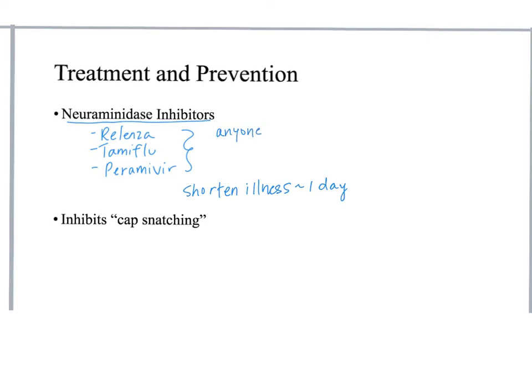Anyone can take these, even children. It's recommended that people especially take one of these neuraminidase inhibitors if they're at high risk for complications. So anybody that's elderly or has some kind of underlying chronic issue, then the doctor is probably going to suggest that the patient take these.